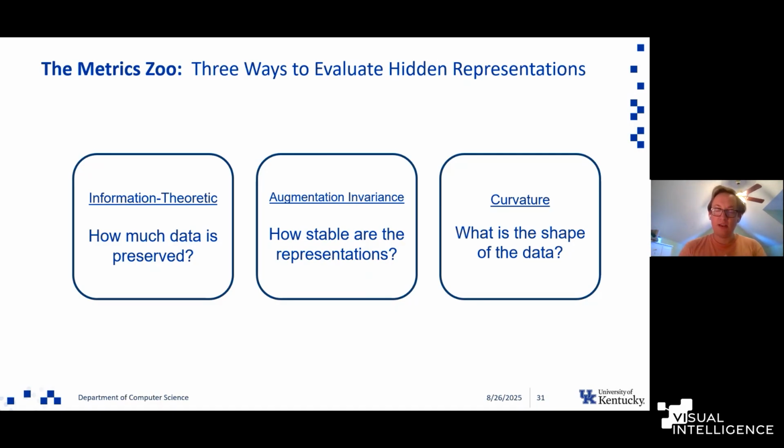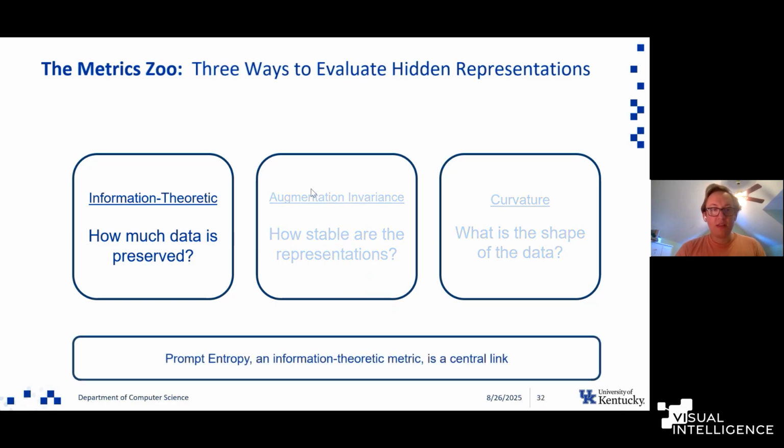If it's very smooth, that might imply that the model is understanding pretty well. But if the manifold is very jagged and curved, then the model might be struggling a bit to understand the prompt. So these three different metric families each impart a different understanding of the model behavior.